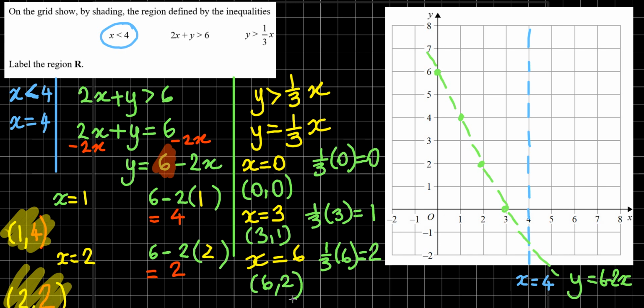So I've got 0, 0, 3, 1, and 6, 2. I'm going to represent that again by a dashed line. So this is y equals 1/3 x.